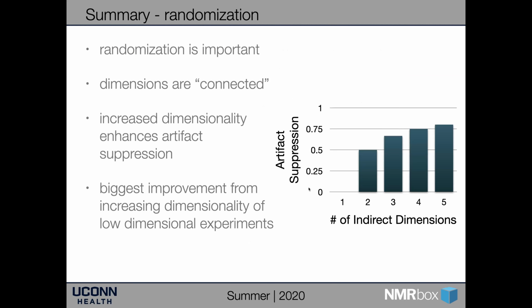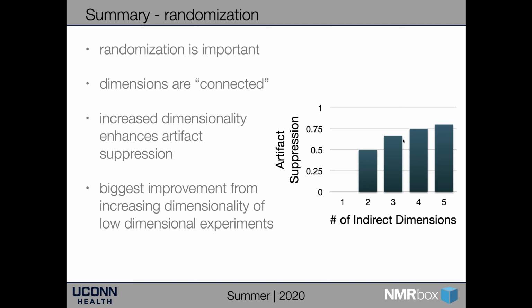And over here on the side of this figure, you'll see that alpha value as the number of indirect dimensions increases. So this shows us how effectively we can suppress those sampling-induced artifacts. And you'll see that with only one indirect dimension, we're unable to suppress those artifacts. But once we introduce that additional indirect dimension that has randomization, we now have a value of 1/2, then 2/3, 3/4, 4/5.